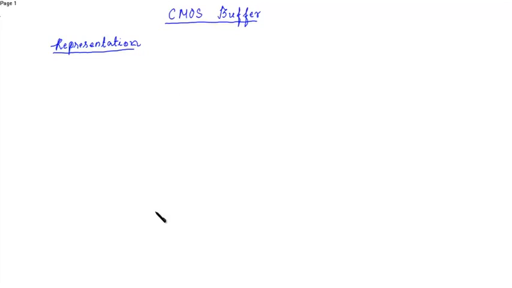We know buffer means whatever you apply at the input, you will obtain the same at the output. Input is equal to output. So if I say A is the input, if I give it to an inverter, then the output is A bar.